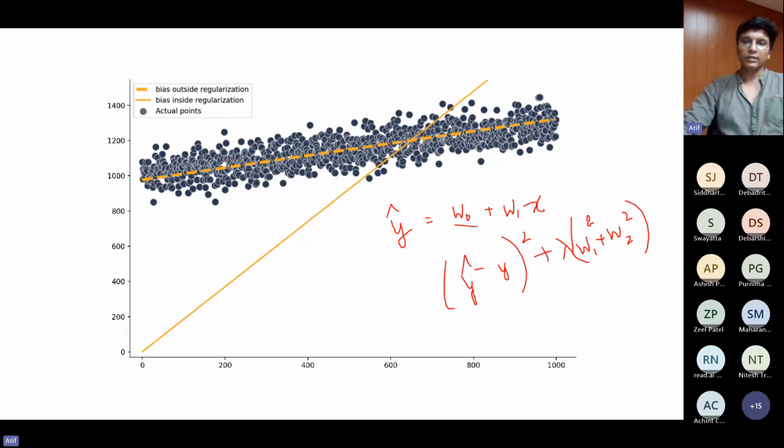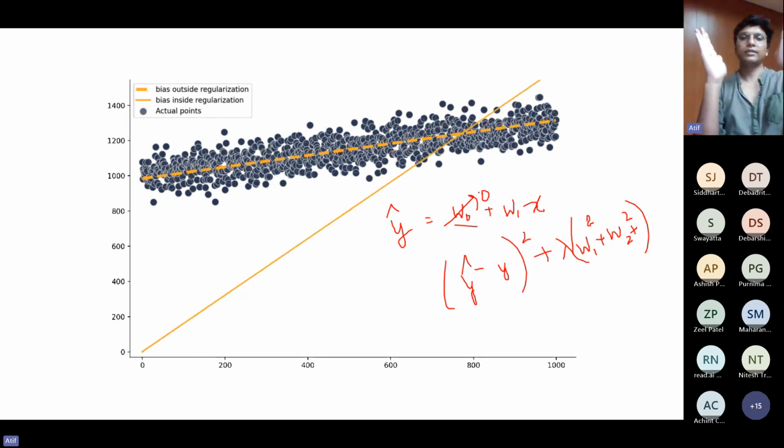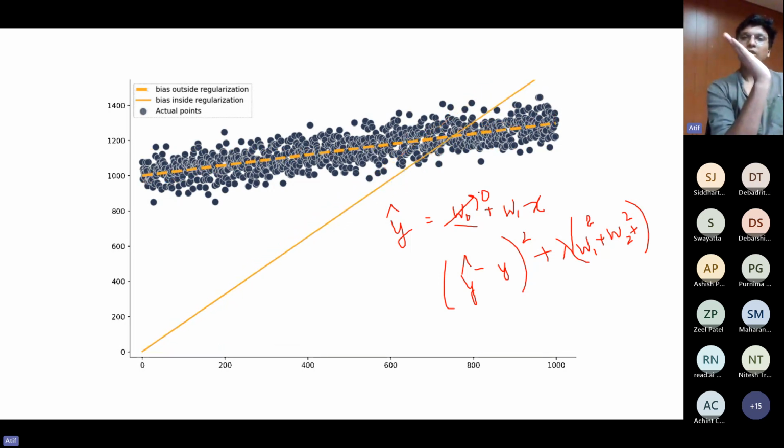If I add w0 here, you can see what happens to this solid line. You can see it is unable to move away from the origin. Whenever you have w0 set to 0, you're assuming that your model is passing through the origin, making sure that the model only passes through the origin.